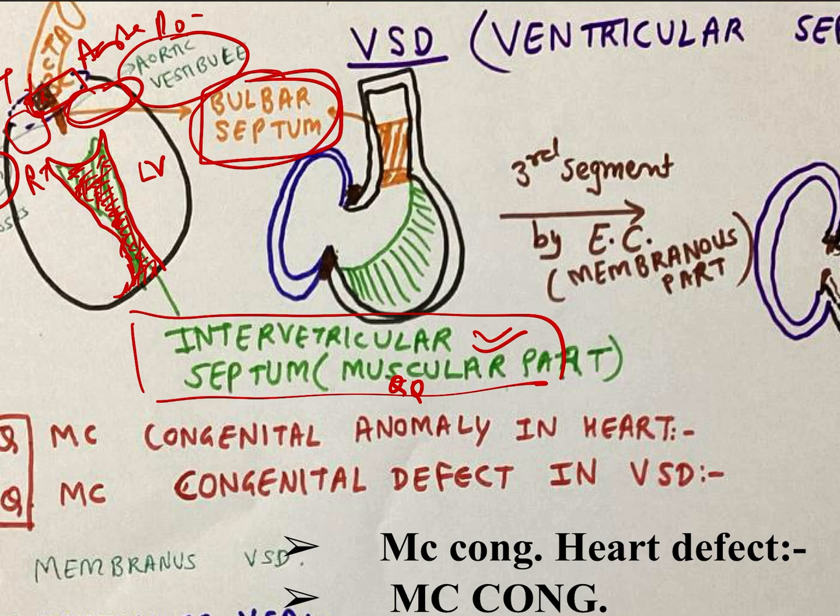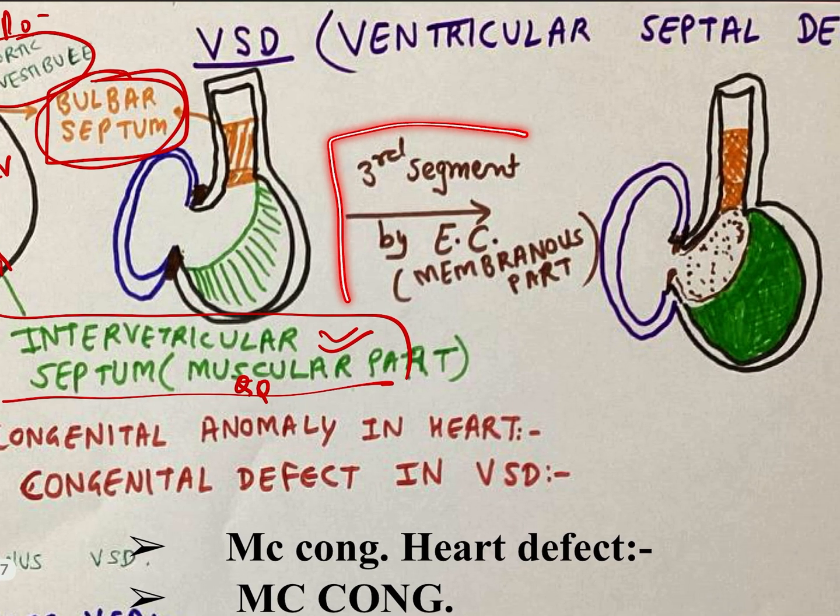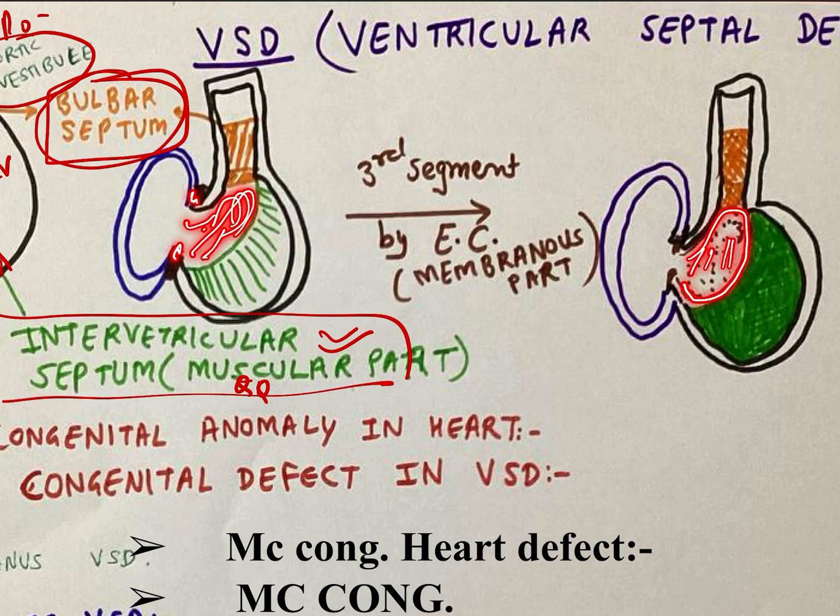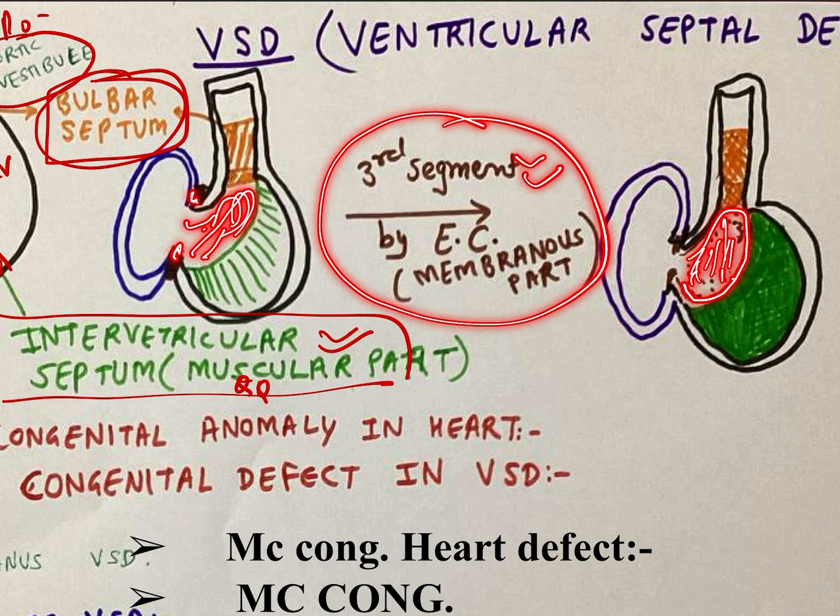This happens because of the bulbar septum. Still there is a gap remaining after formation of the bulbar septum and muscular part of the ventricular septum. This gap is filled by the proliferation of the membranous part of the endocardial cushion. This is the endocardial cushion.